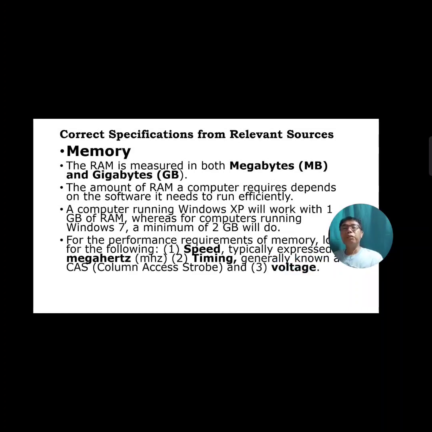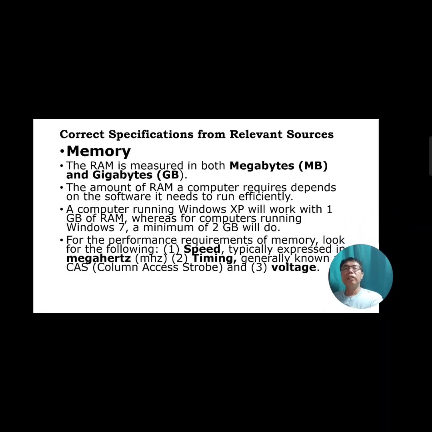Now for the performance requirements of the memory, look for the following. Number 1, the speed, typically expressed in megahertz or MHz. Number 2, the timing, generally known as the CAS or the column access strobe.